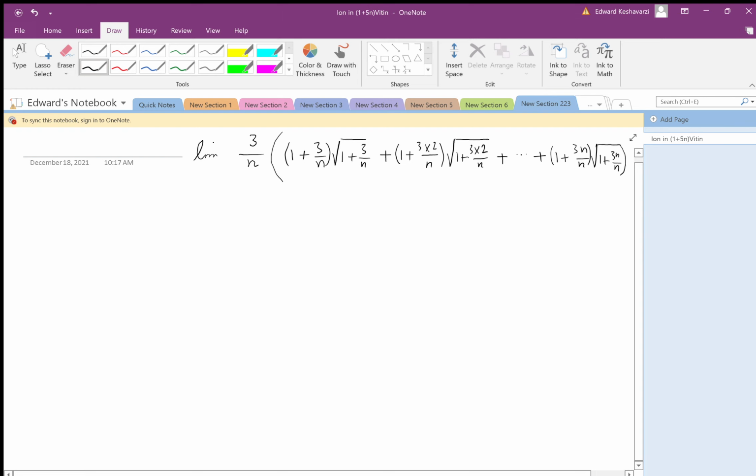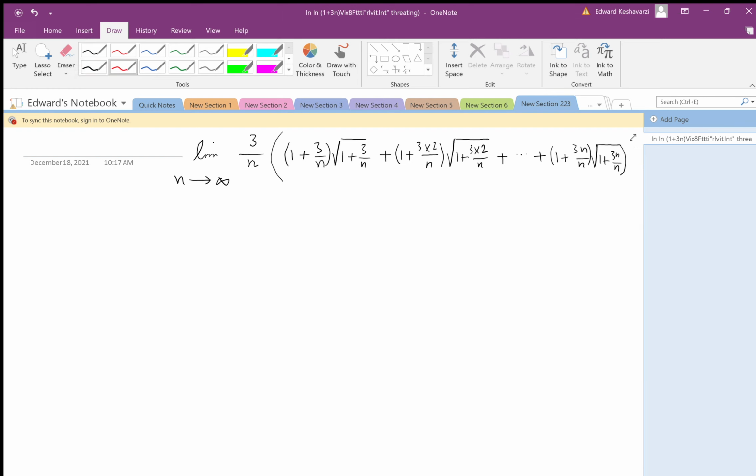Again, what you see here, there is no sigma notation.